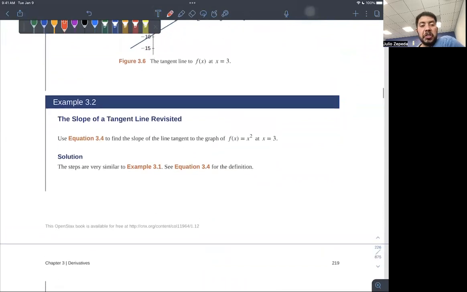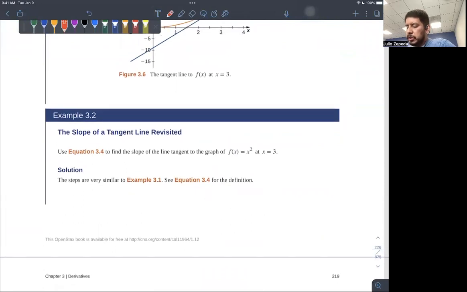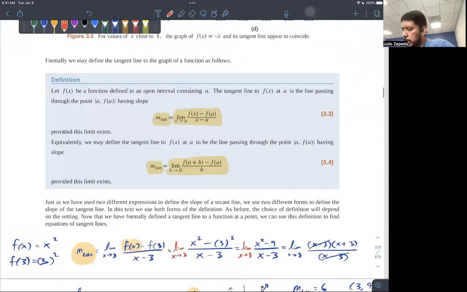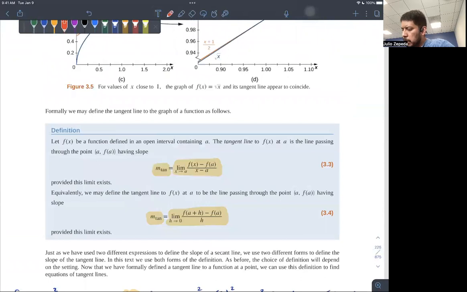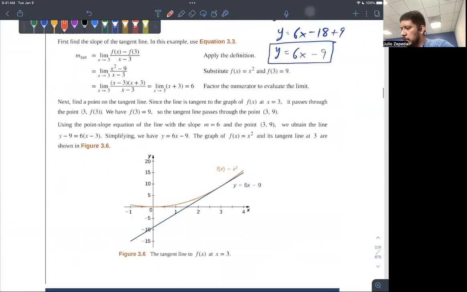Okay, it is good to use both formulations of the slope of a tangent line. So in example 3.2, it looks like they do it with the other definition of the tangent line slope. So let's go ahead and do that as well.